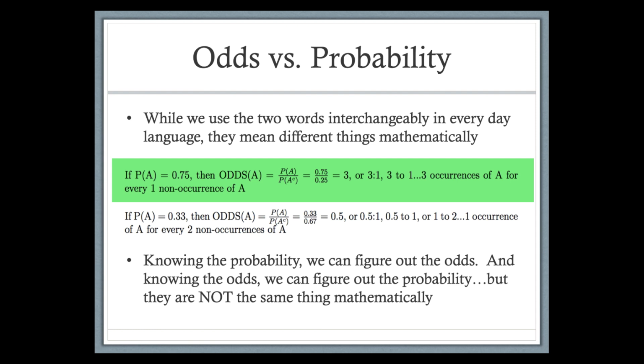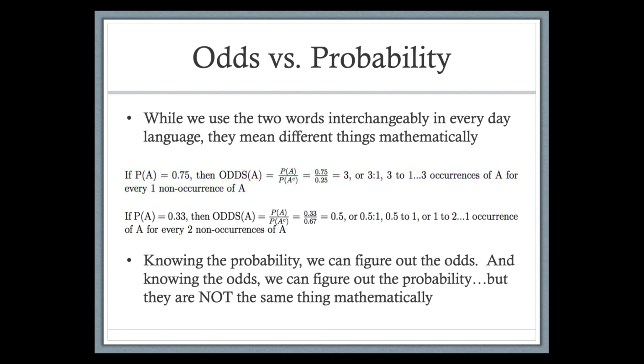A happens 75% of the time, it does not happen 25% of the time. And if you look at that, it's going to be 3/4 divided by 1/4, or 3/1, or 3:1. So for every 3 times A occurs, there will be 1 time it does not occur, or A happens 3 out of every 4 times.